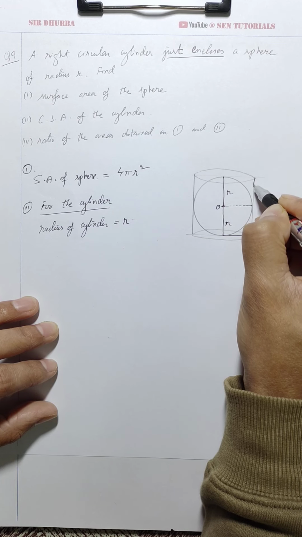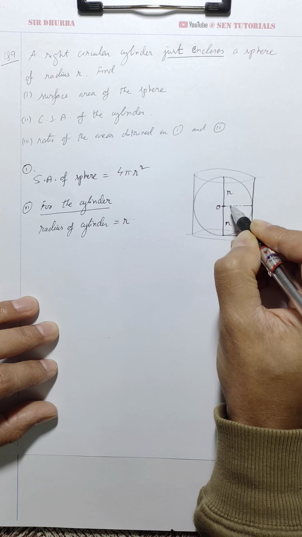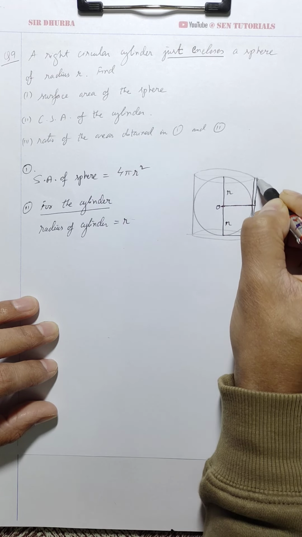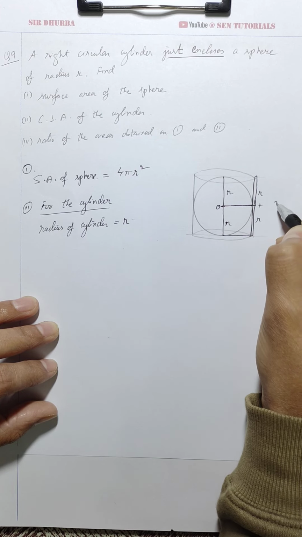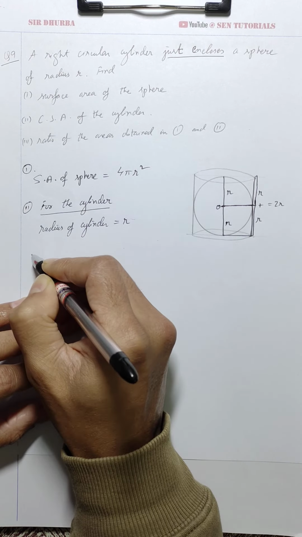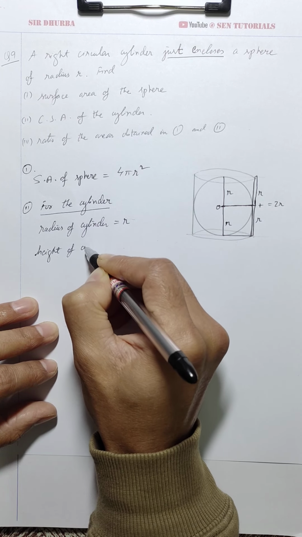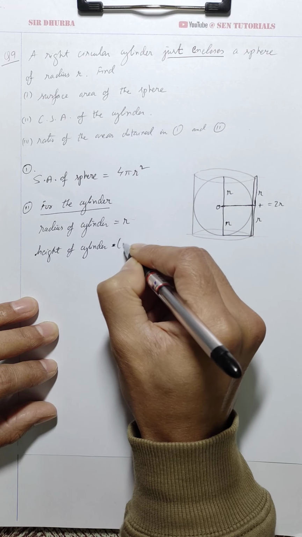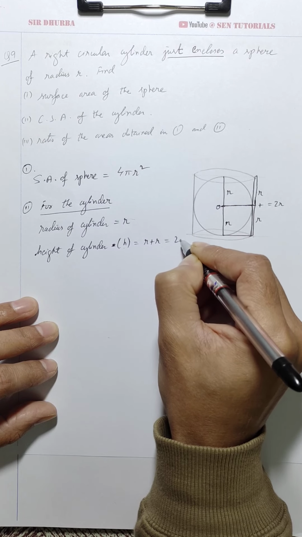What about the height of the cylinder? Because it just encloses, so height of the cylinder also, if you look at this, this is r and this is r, so r plus r, so that will be 2r. So height of cylinder h, that will be r plus r, that will be 2r.